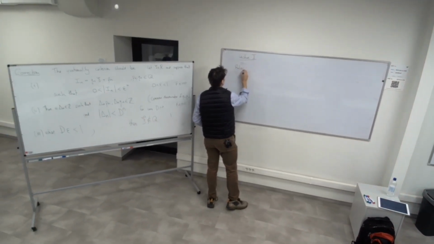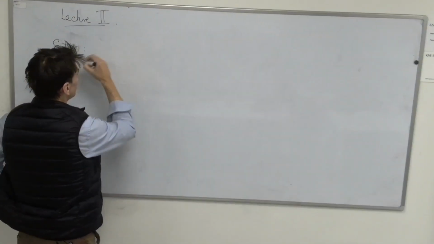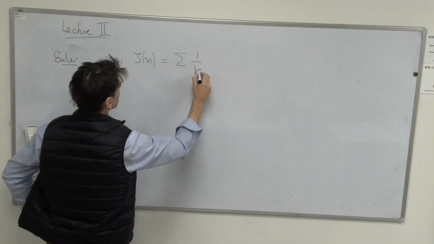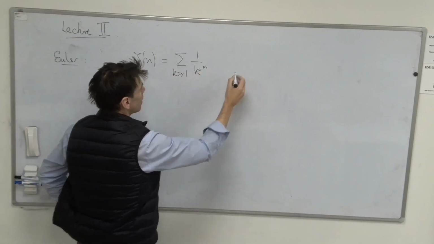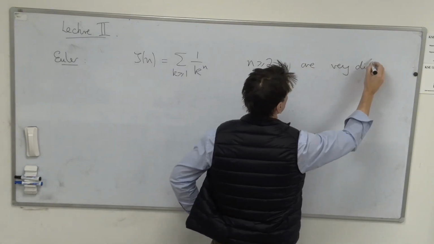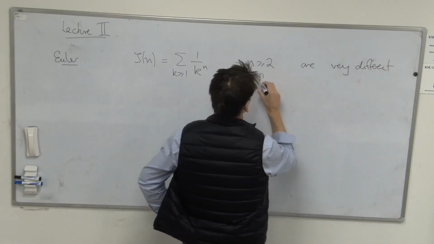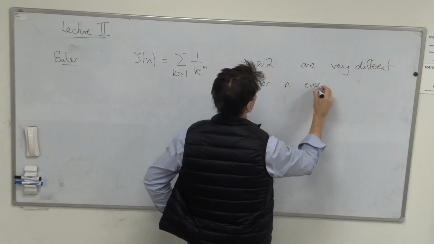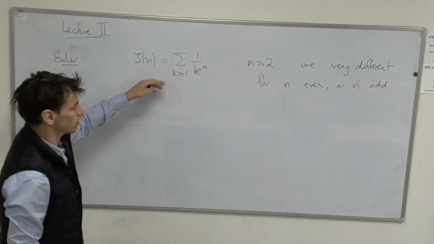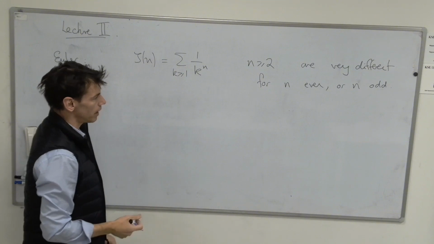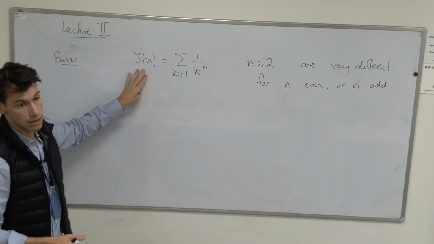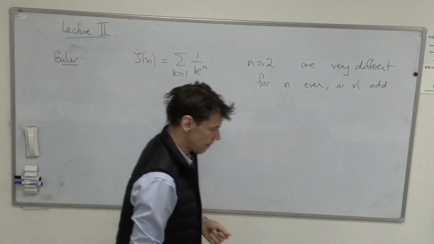In the last lecture, we saw that Euler knew that the numbers zeta n, so n bigger than 2, are very different for n even or n odd.